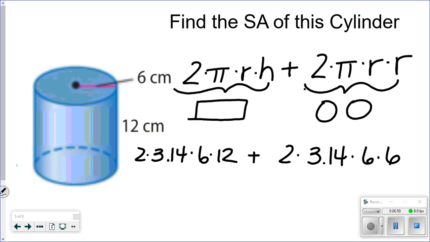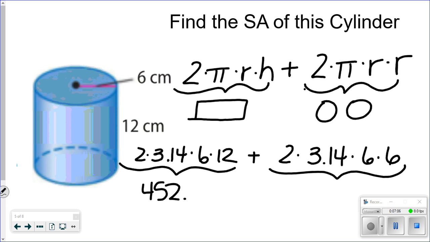You could do both individually if you want. So if you want to do this one, you could. If you want to do this one, you could. And then just add them together. So this one is just the area of that middle part.